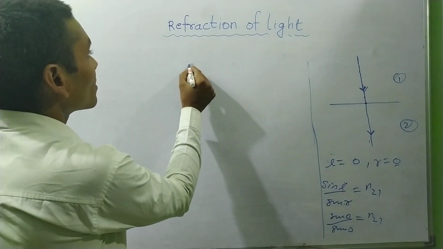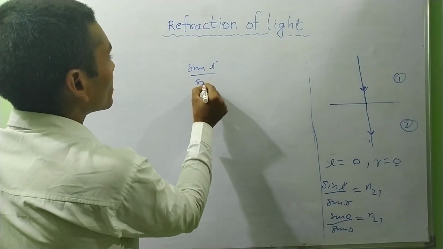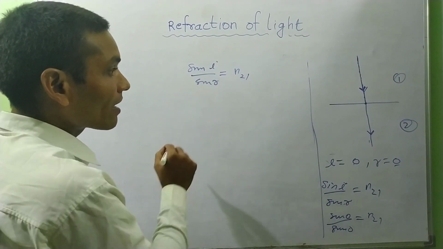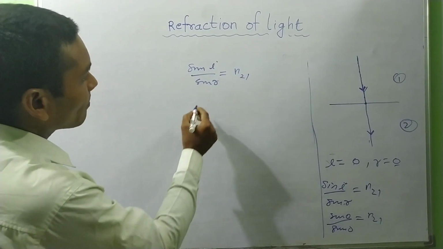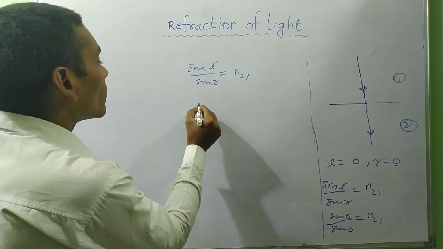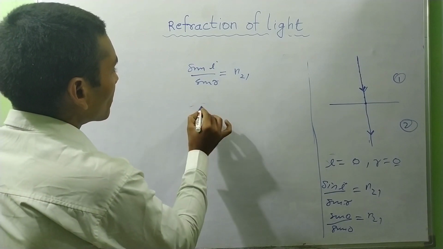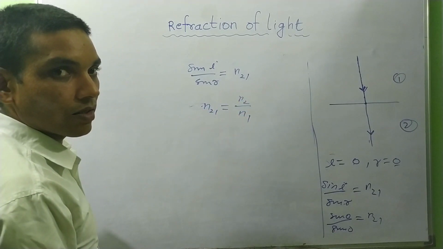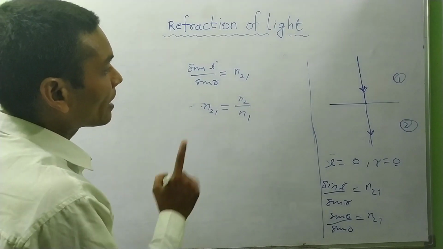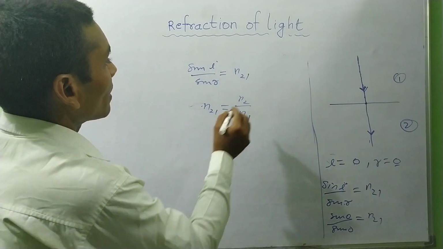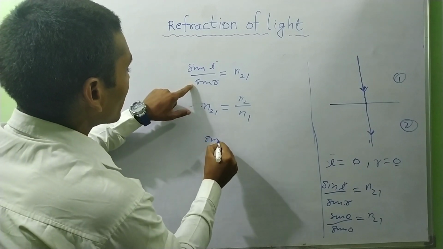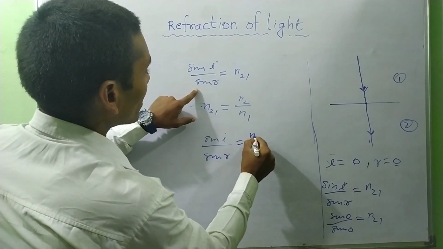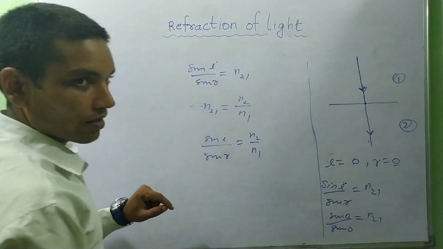You know that sin i upon sin r equals n21, and in the previous step we derived that n21 equals n2 upon n1. So sin i upon sin r equals n2 upon n1.